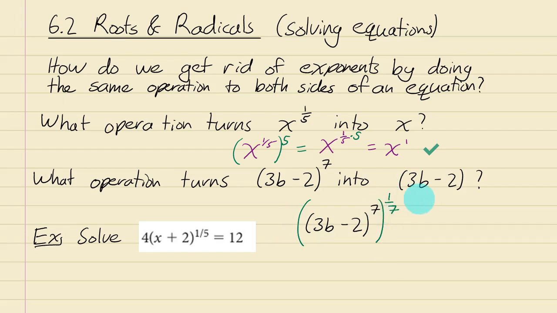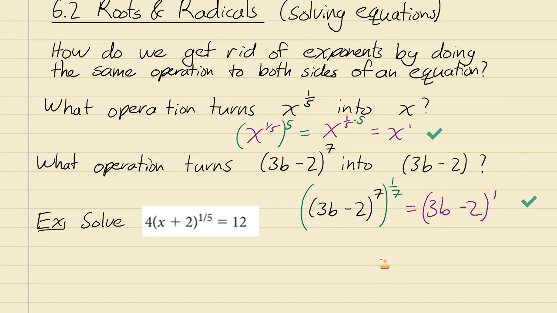And those exponents will multiply, and you'll just get 3b minus 2 to the power 1, which is what you want. And that is how you can get rid of exponents, by raising both sides to the reciprocal power. Whatever it takes to get rid of that 7 and get a result of 1 in the exponent.